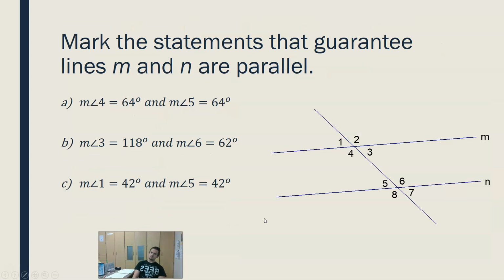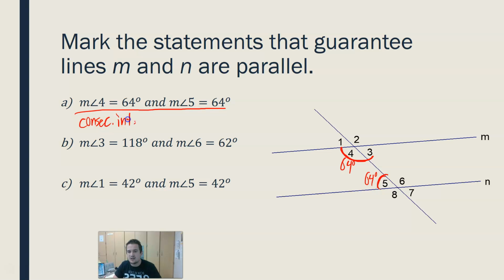Okay. So this section says, mark the statements that guarantee lines M and N are parallel. So, for example, if the measure of angle 4 is 64 degrees and the measure of angle 5 is 64 degrees, is that enough to prove these lines are parallel? Well, what kind of angles are these? These are consecutive interior angles.